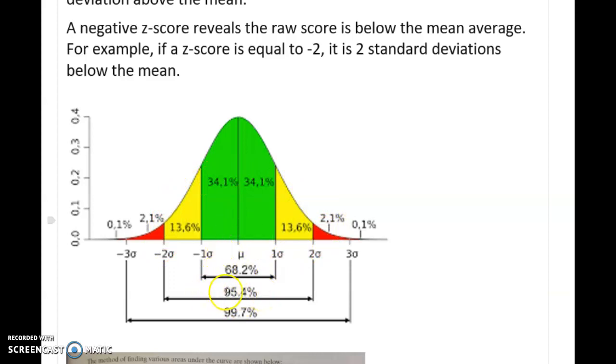So we say 95.4% of the population lies within 2 standard deviations of the mean. And if we go from a z-score of -3 to a z-score of 3, that means we are within 3 standard deviations from the mean. So we say that 99.7% of the population lies within 3 standard deviations of the mean.